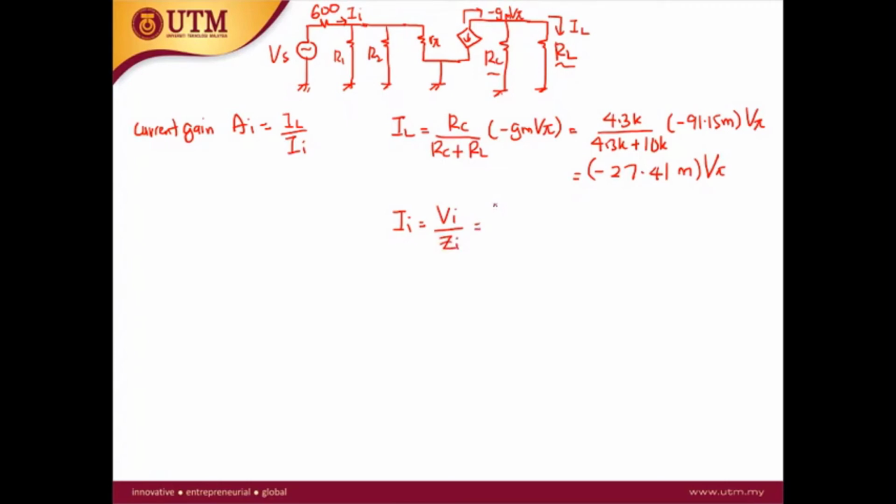So VI is equal to V pi, and ZI is equal to the input impedance we have calculated, 0.647k or 647 ohm. So here we use this equation.